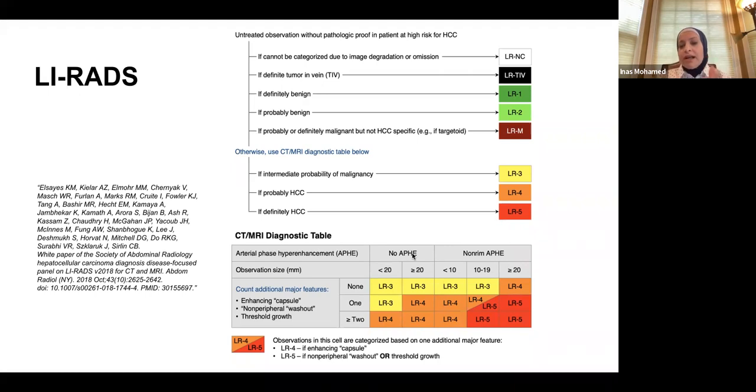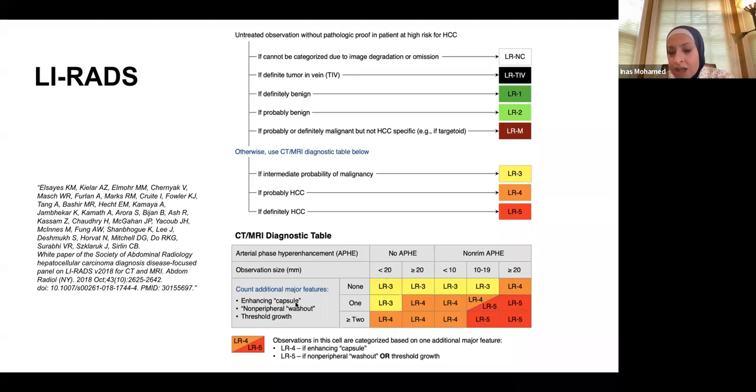When you want to apply the LI-RADS, the main thing you want to look at is the observation, the lesion we're looking at: is it arterially enhancing or not? If it is arterially enhancing, the next thing we look at is the size, for example 10 to 19 millimeters, or more than 20 millimeters.